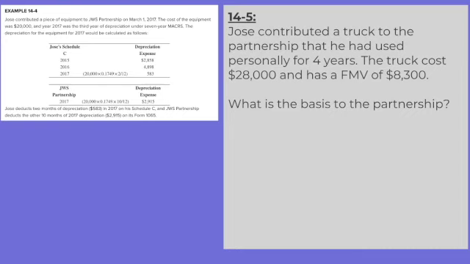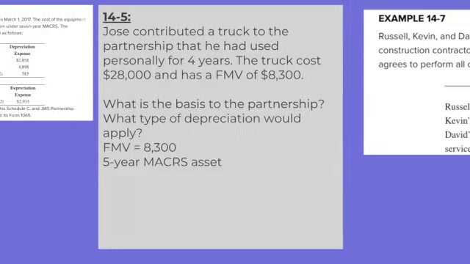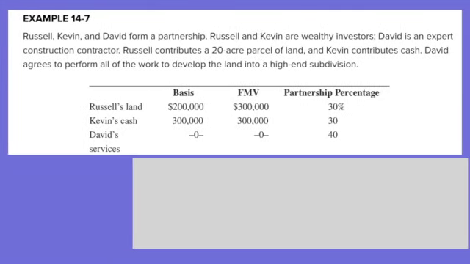So what is the basis to the partnership, and what type of depreciation would apply? So we always take the fair market value to the partnership, the 8,300, and we would look up the depreciation rules and see where the truck was, 5-year MACRS property, just like we learned before.